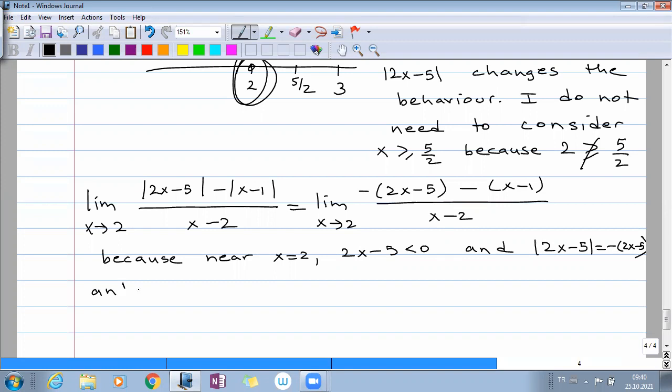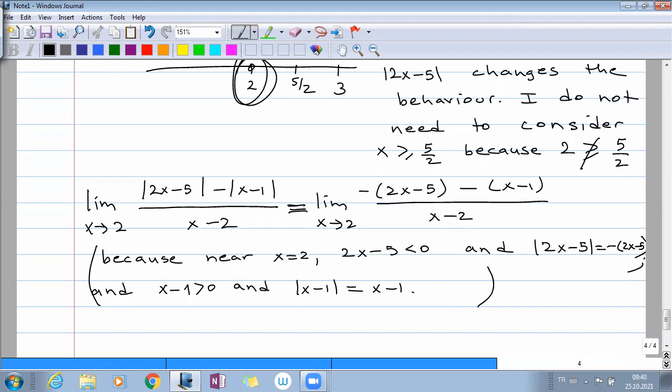And x minus 1 is positive, and absolute value of x minus 1 is equal to x minus 1. And we have to write explanations for everything? Yeah, every equation you need to give your reasoning. Why did you take this limit equal to this limit?